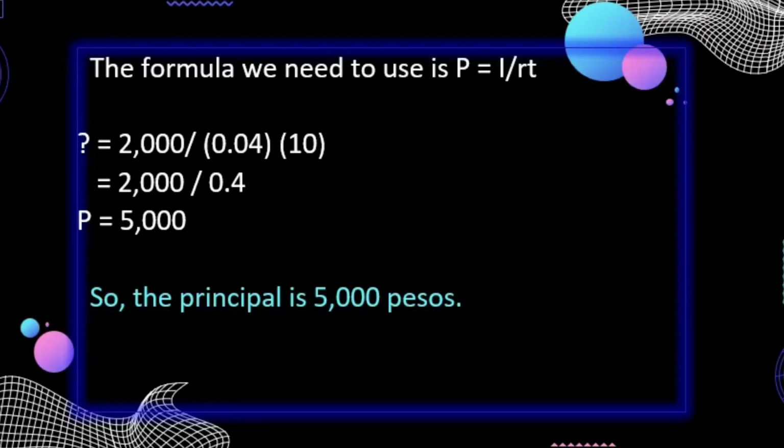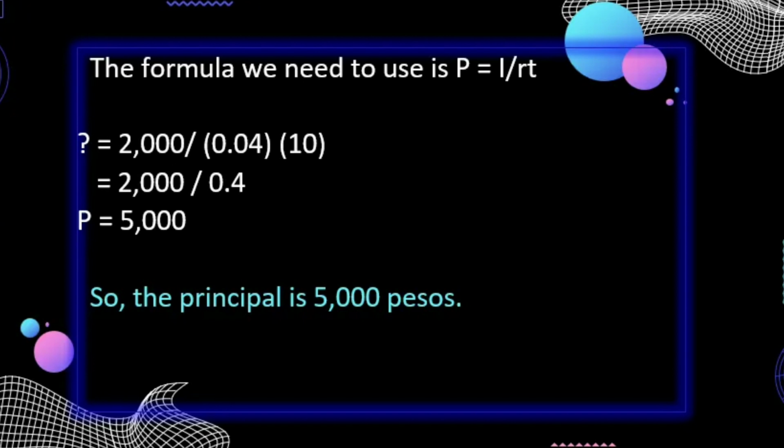Now, the formula we are going to use, since we are finding the principal, is interest divided by rate multiplied by term of loan. So first, since 0.04 is our rate and 1 is our term of loan, we are going to multiply those two.